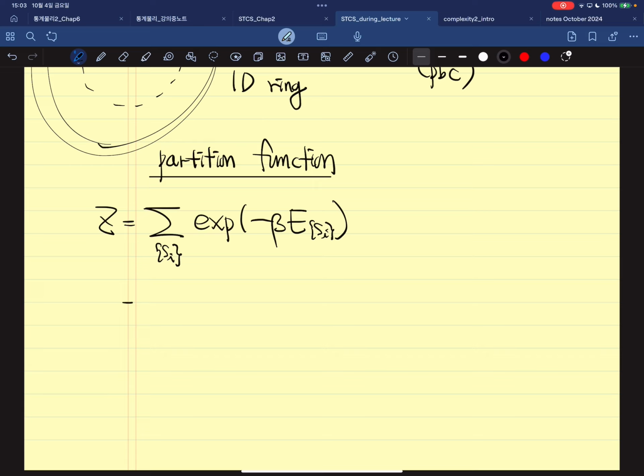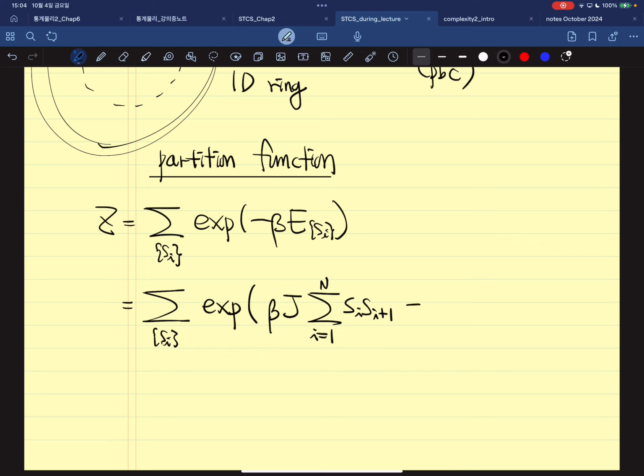So here, beta J, and here i plus 1, because this is a one-dimensional structure, and plus beta h, and the same one. So you may get the impression that now both of these summations are a single summation, at least, even if there's some kind of nonlinear term here.